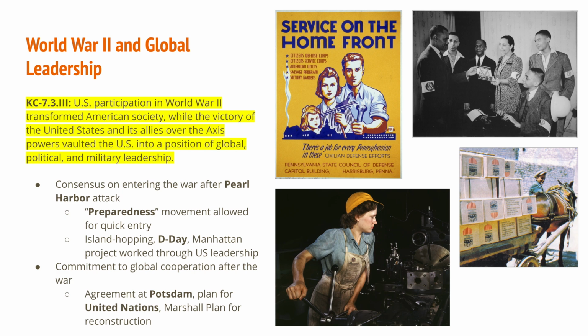And because we had a preparedness movement going on as the war became more imminent, it allowed for the United States a quicker entry into the war. We were already helping Great Britain with the Lend-Lease Act and cash and carry, so we were already making war materials, and we were more ready to start fighting the war.